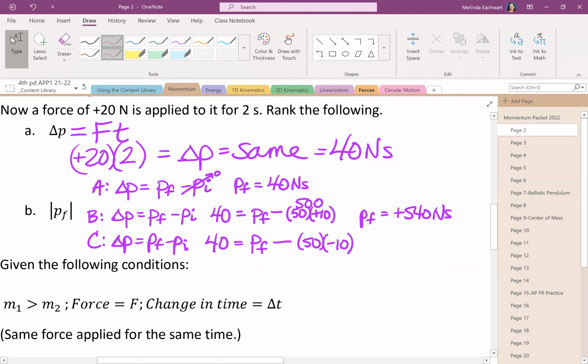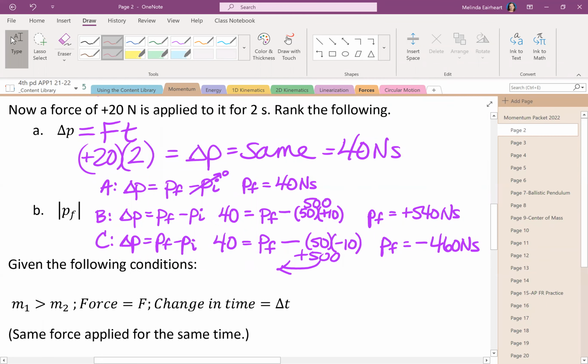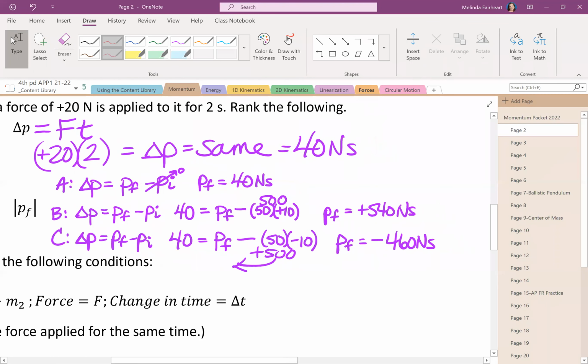And so on the right side, negative times negative 500, that becomes a positive 500, but I got to subtract it to the other side. And so I know they said ignore, but if we didn't, we'd have a final momentum of negative 460. Now when we go to do our ranking, we'll rank ignoring that sign. And so we would get what? B is greater than C and then A. Make sense?